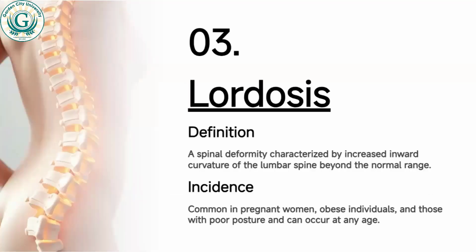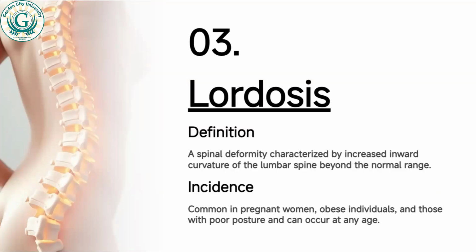All right, so the next one that we want to talk about is lordosis. Lordosis is a spinal deformity characterized by an increase in inward curvature of the lumbar spine beyond the normal range. Remember, the kyphosis was outward. But the lordosis is inward curvature of the lumbar spine beyond the normal range.